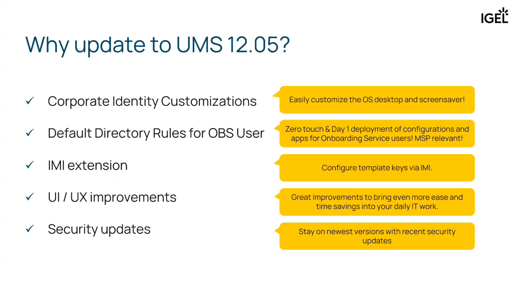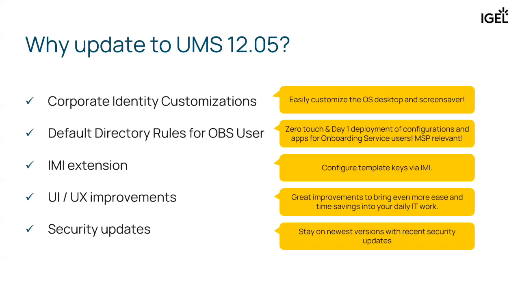So, why should you update to UMS 12.5? I tried to put everything in a nutshell here. You have the great corporate identity customization feature in the UMS Web App to easily customize your OS desktop and screensavers and a lot more corporate identity objects. Then you have the nice default directory rule for OBS users to achieve zero touch and day one deployment.